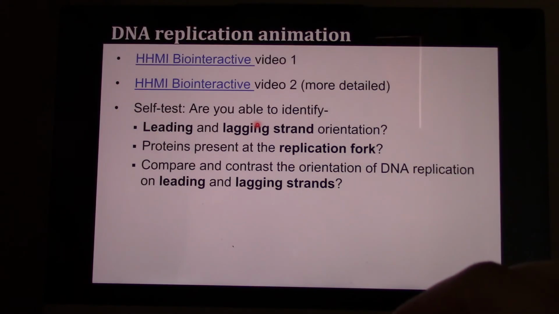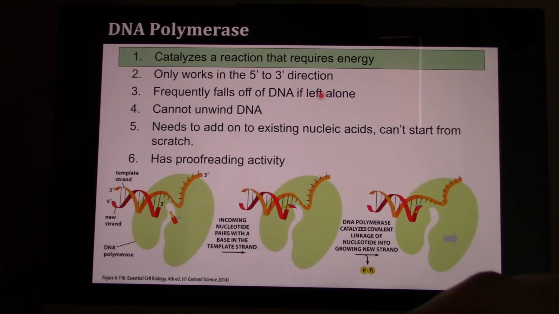You can take baby steps to understanding DNA replication. Self-test: are you able to identify leading and lagging strand orientation, and proteins present at the replication fork? Compare and contrast the orientation of DNA replication on leading and lagging strands. After seeing those videos, you should be able to do that.